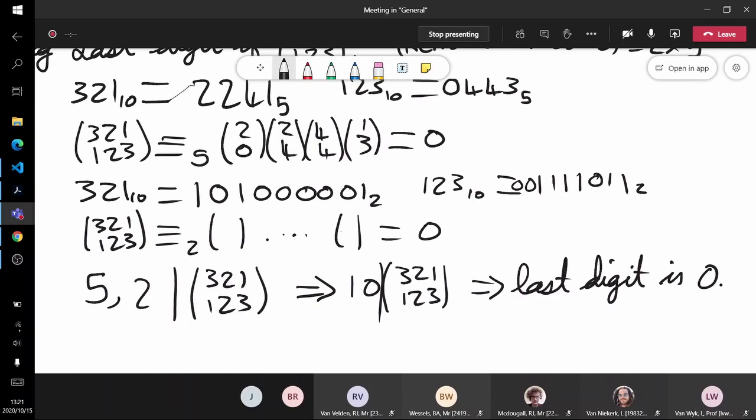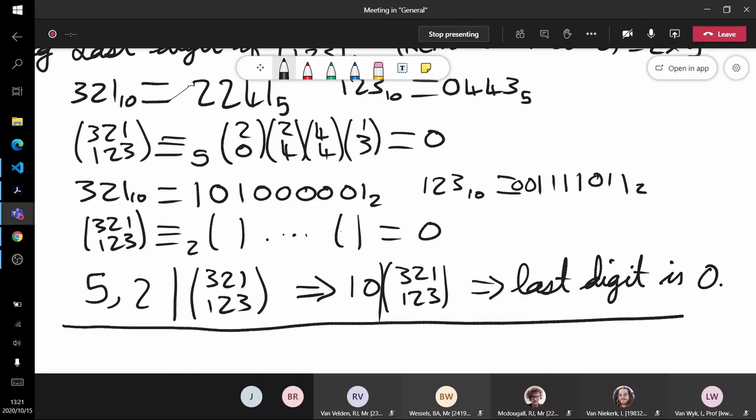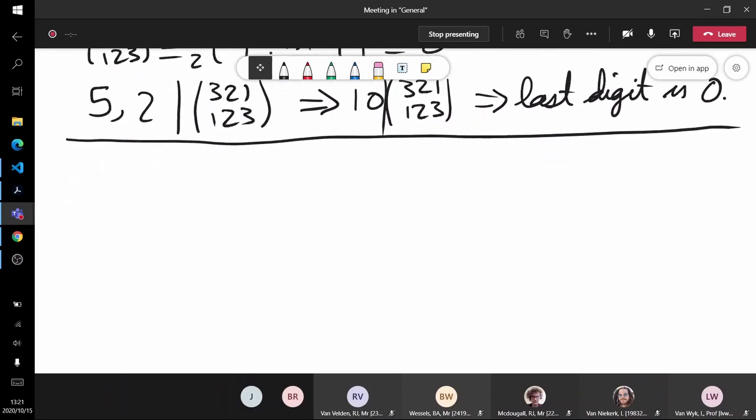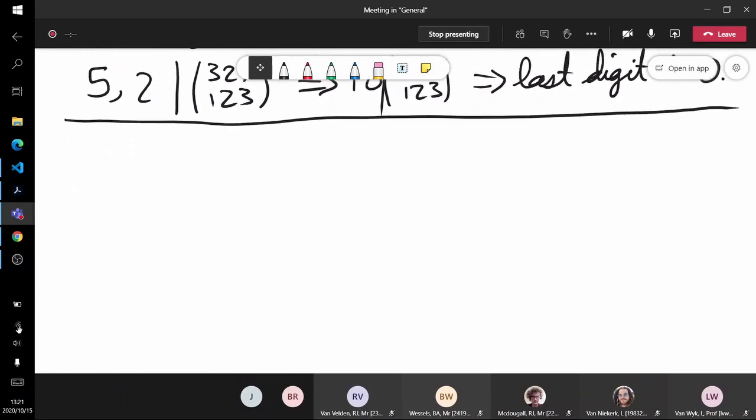Great. Okay, so that's some examples of how to use Lucas's theorem. I'm going to try and do a quick proof of Lucas's theorem, and then I'll show you what this has to do with our blood. Okay, so how do we do Lucas's theorem?